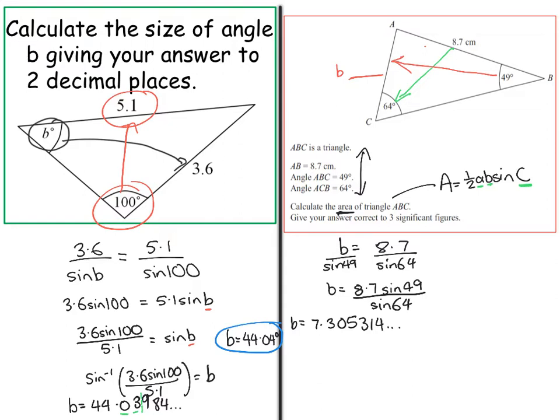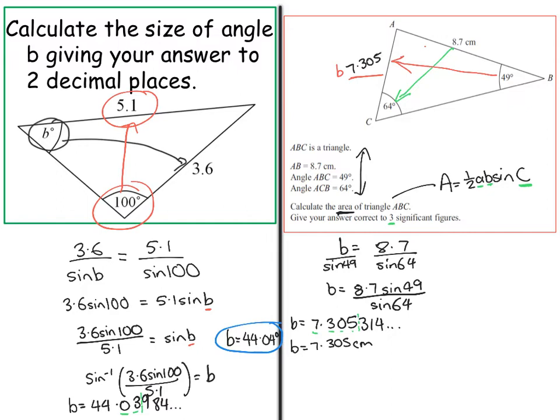We want our final answer to 3 significant figures, so I'm just going to round this to 4 significant figures, so 1, 2, 3, 4. So that means B is going to be 7.305 centimetres. In fact I'll label that just here, so 7.305.